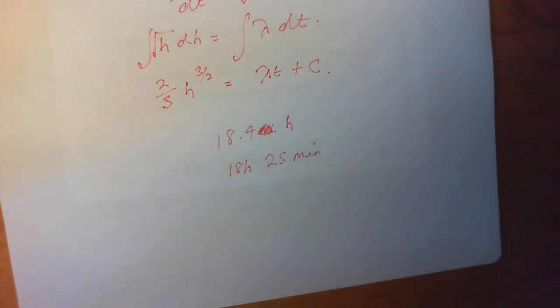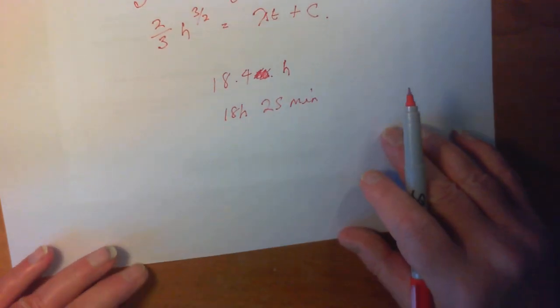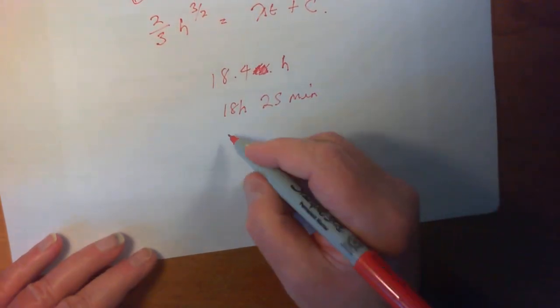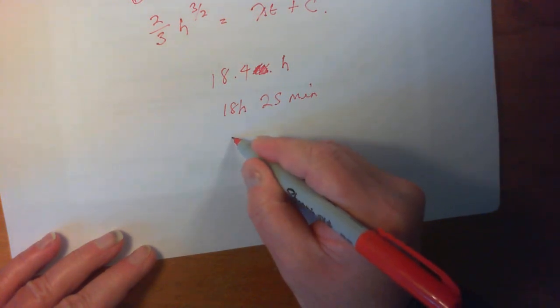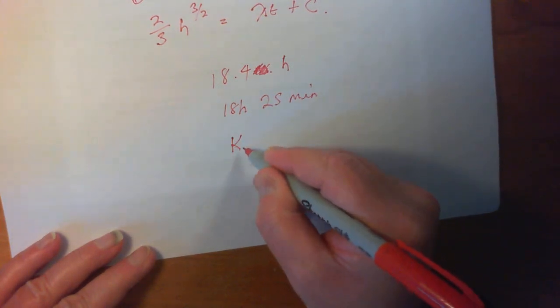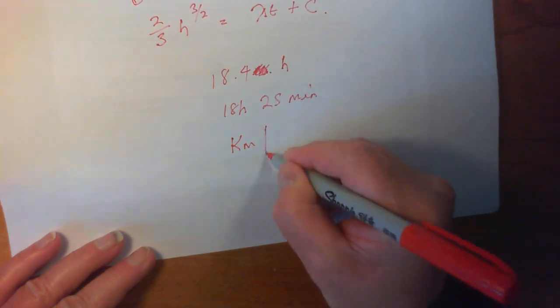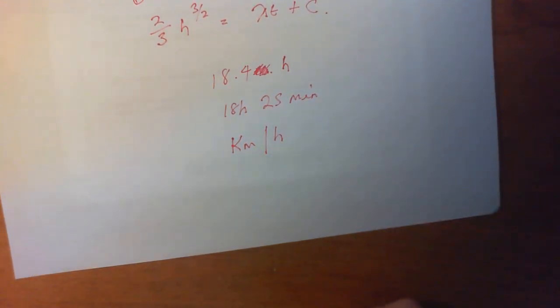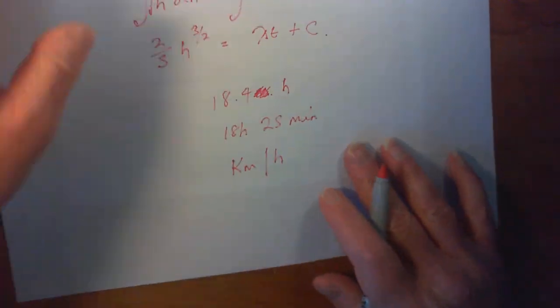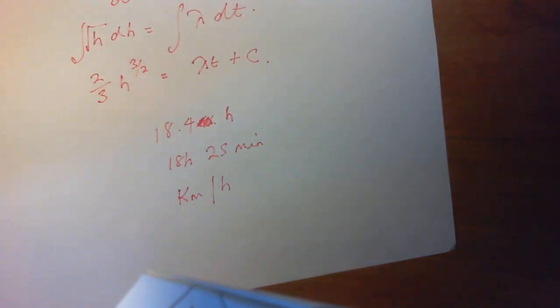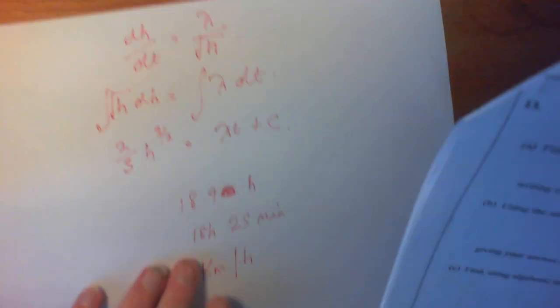But hours is common in everyday life, and it's commonly misused. Kilometers per hour is like that. Okay, that's the correct way. So you can give your friends a bit of stick if they try putting it down in the incorrect method. This is the mathematical way.